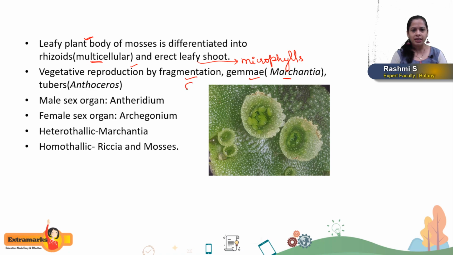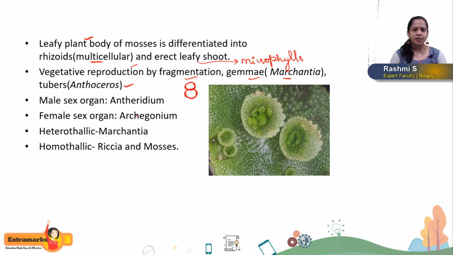These gemmae are in the shape of 8. There are 2 to 8 gemmae in each gemma cup. And vegetative reproduction is through tuber formation in case of Anthoceros, which is another type of lower thalloid bryophyte.